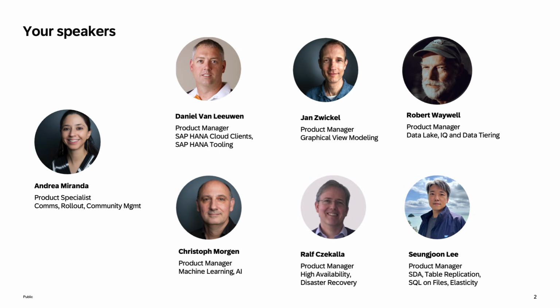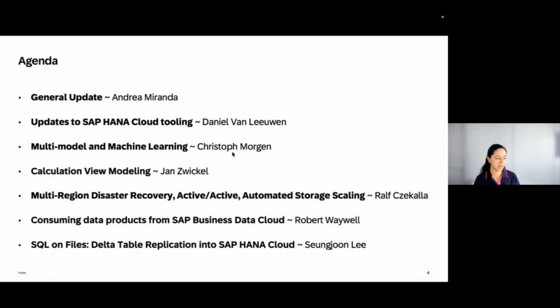So going forward, we can check the agenda. Today I will give a general update, and then Dan is going to deep dive into the updates to SAP HANA Cloud tooling. Christoph will give us a detailed explanation of the multimodal and machine learning updates, and Jan will be speaking about the calculation view modeling updates.